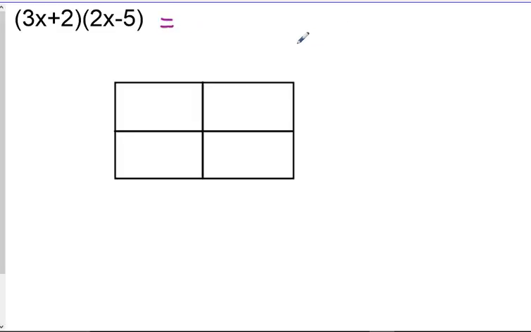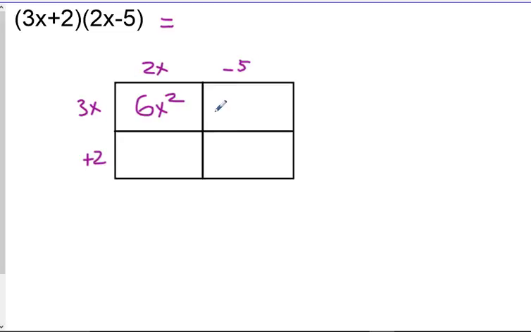Well, using our area equals length times width as a model, we could look at this factor as the width of our rectangle and this factor as the length of our rectangle. And so if we've got length times width of our rectangle here, I can see that 3x times 2x is 6x squared.